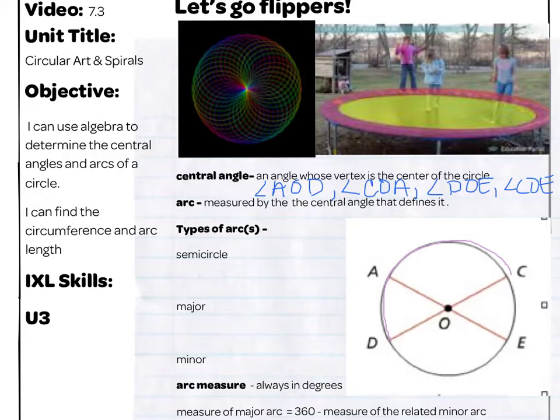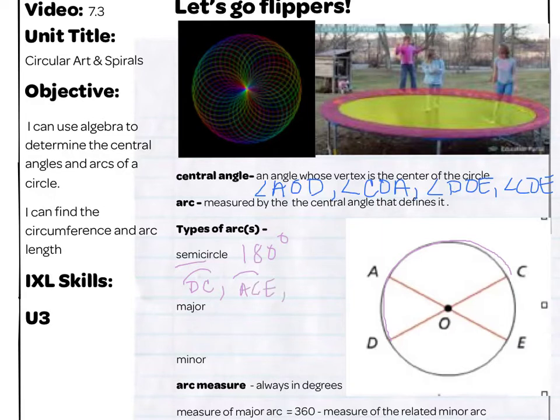So a semicircle arc is going to be 180 degrees, which makes sense because a semi, half a circle, is 180 degrees. Our example clearly here is going to be DC. You can also go with ACE. This time I use three letters.